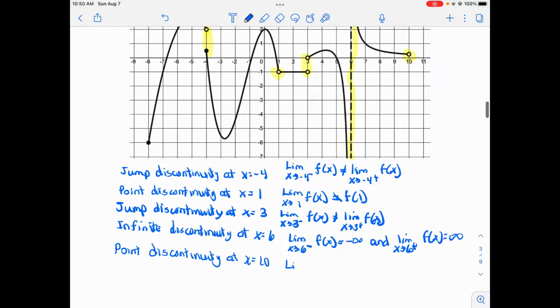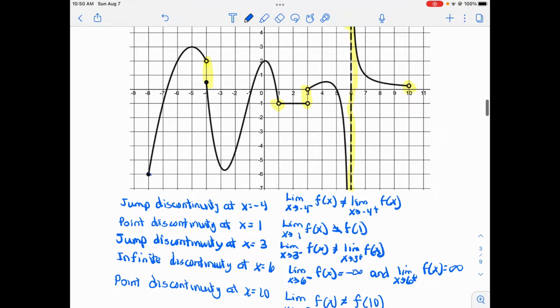And that's because, since it's the endpoint, I only need the limit as x approaches 10 from the left of f of x, which is not equal to the function value at 10. Now the left endpoint exists because the point is filled in, so that one works. So those are all points of discontinuity.